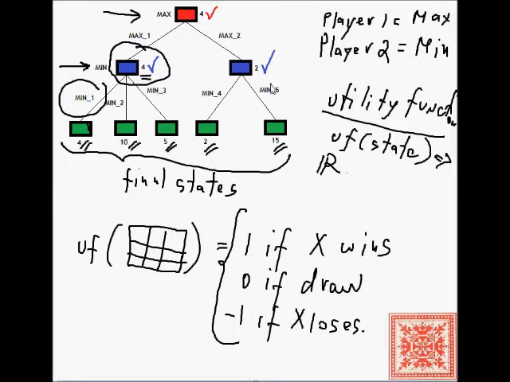Once we've computed the utility of this inner node, we can compute the utility of the right child of the root of the tree. The utility of this is 2, and so Min should choose Min 4 in this state because that's what leads to the minimal utility.